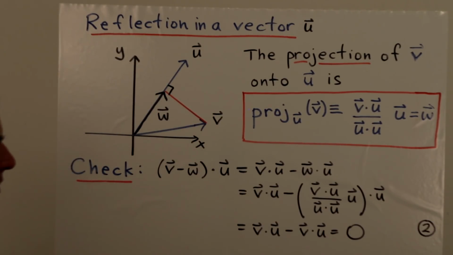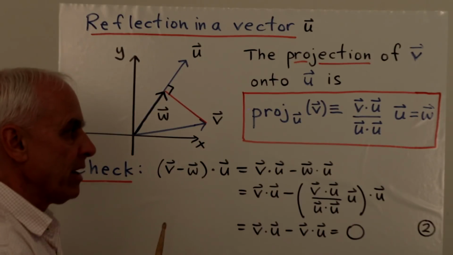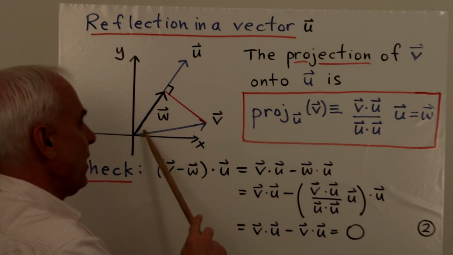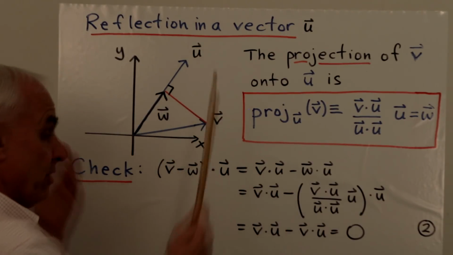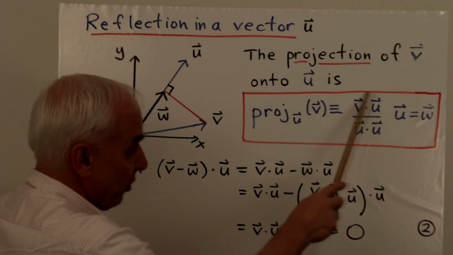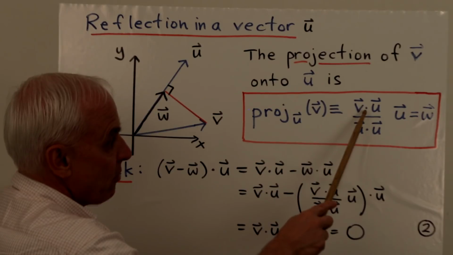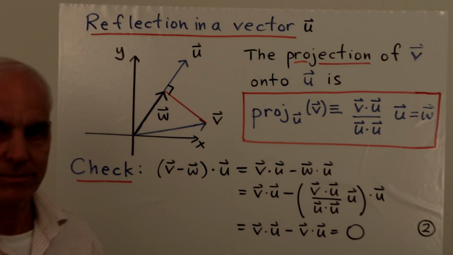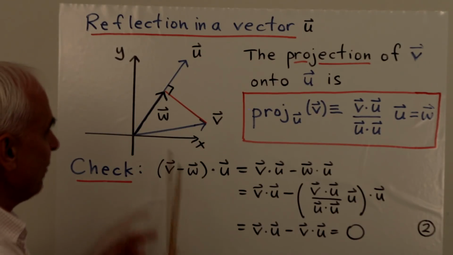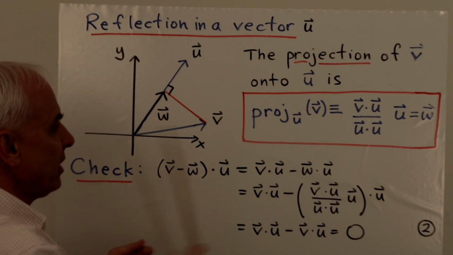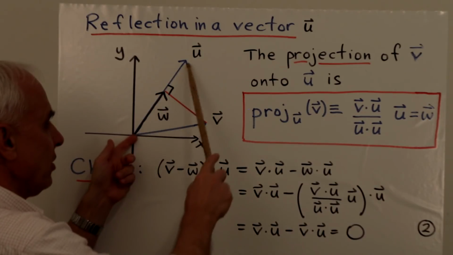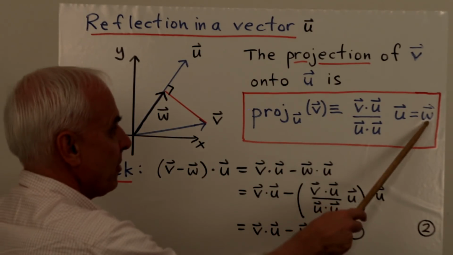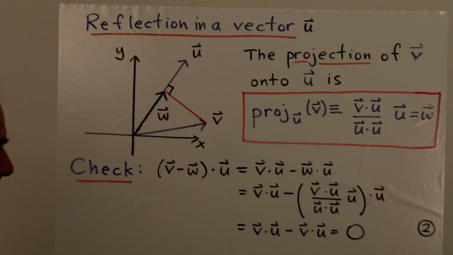And here's the formula: the projection of v onto u is some multiple of u. That's not a surprise because it's going to be a multiple of u. And the multiple is the quotient of v dot u over u dot u. So that's v dot u divided by u dot u, times u. And that's our projection vector w.